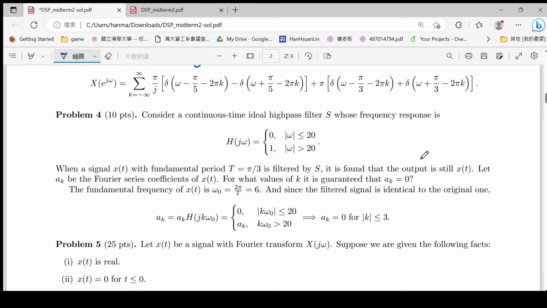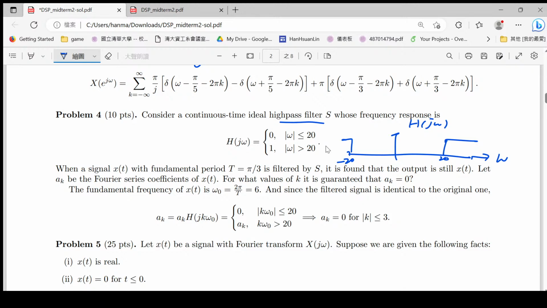Let's draw this high pass filter. It passes if your omega is bigger than 20. That is the H of j omega, on your omega axis. So if your omega is more than plus or minus 20, your filter passes through.